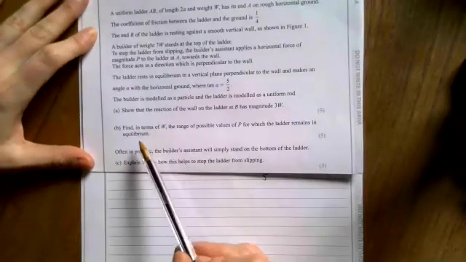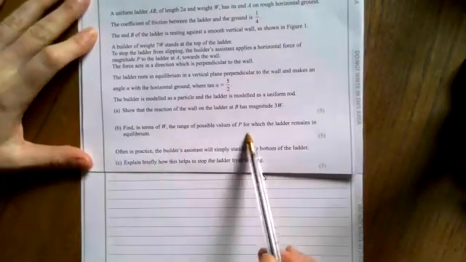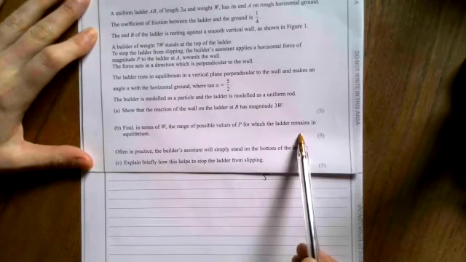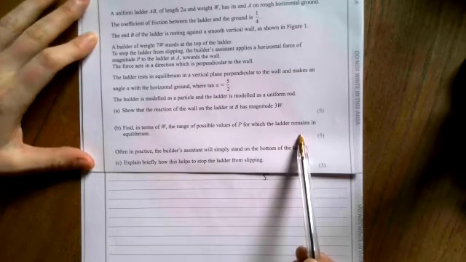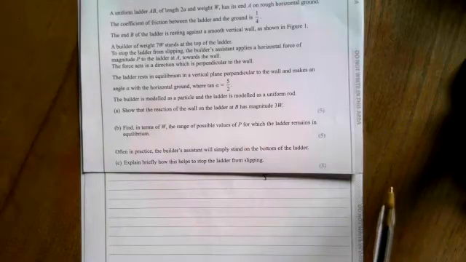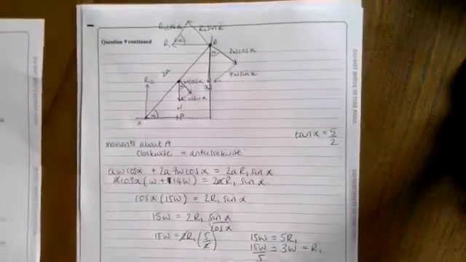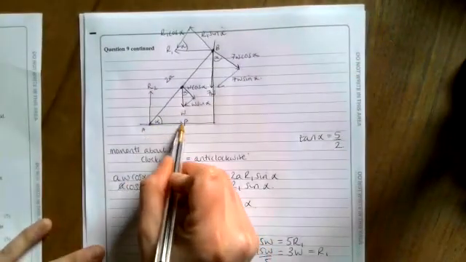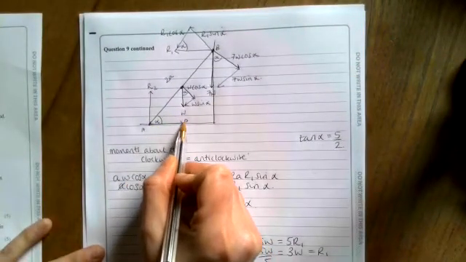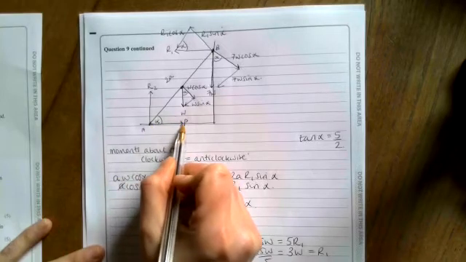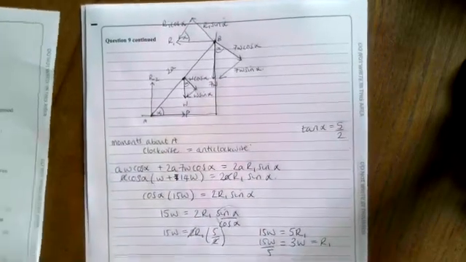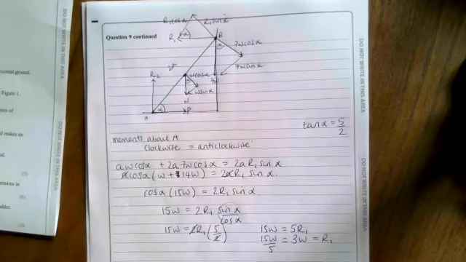So part B wants us to find in terms of W the range of the possible values for P for which the ladder remains in equilibrium. So P is that horizontal force that the builder's assistant is putting in here, okay? So we're going to need to think about friction on this one.